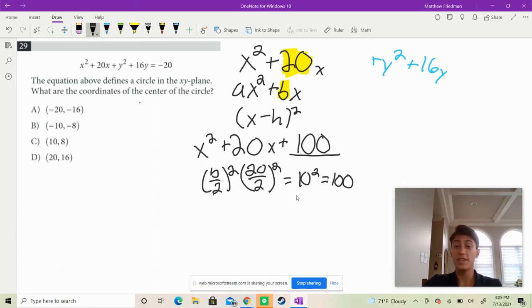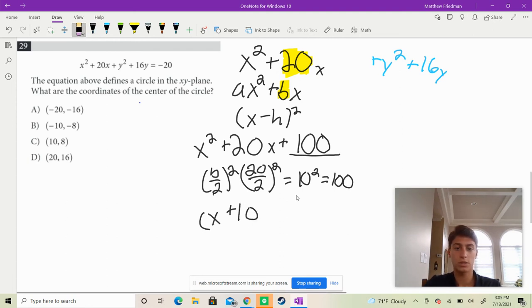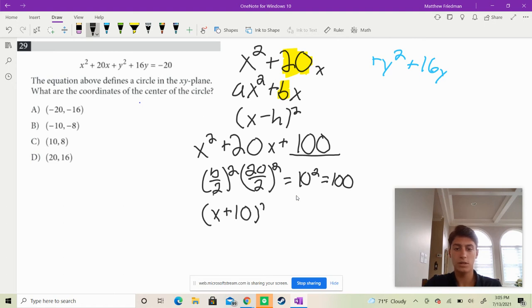Now, this equation is factorable. X squared plus 20x plus 100, we can factor that into x plus 10 squared.